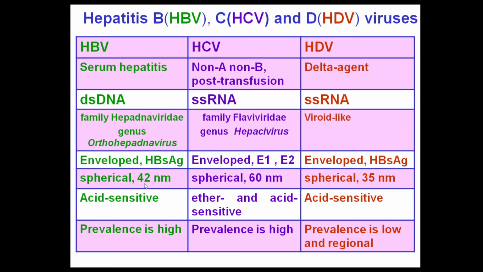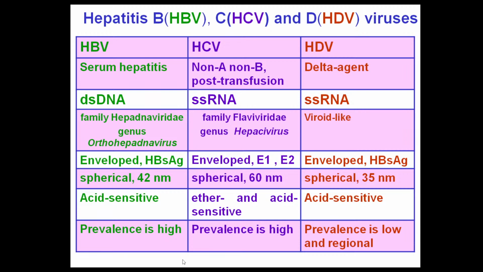Hepatitis B is 42 nanometers, hepatitis C is a bit larger, up to 60, and hepatitis D is also small, 35 nanometers in diameter. So they are all acid and ether sensitive. So they can be inactivated quite quickly, but unless they are covered with blood, my dears, as a part of the blood clot, they may not be inactivated very easily.